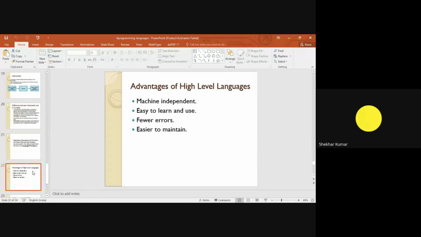Next are the advantages of your high-level languages. There are many advantages of high-level languages. First one, it is completely English-like language, so you can understand easily. The instructions and commands are much easier to remember by the programmer, so it is easy to learn. Its logic and structures are much easier to understand because of its nature.